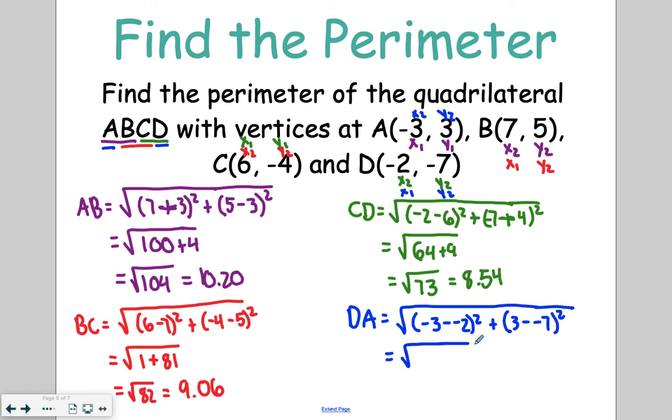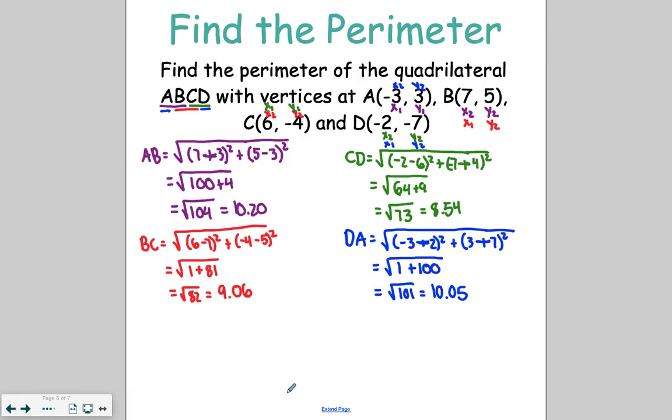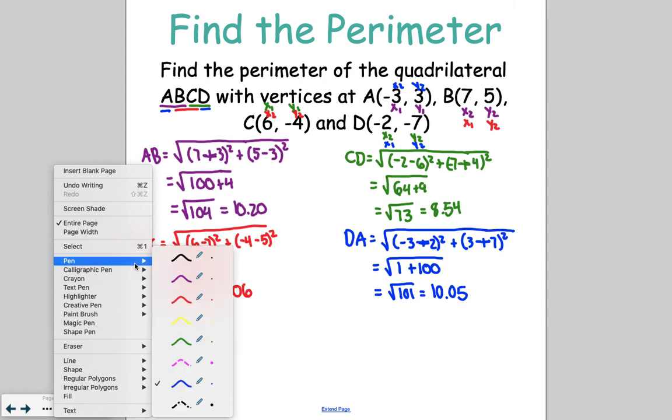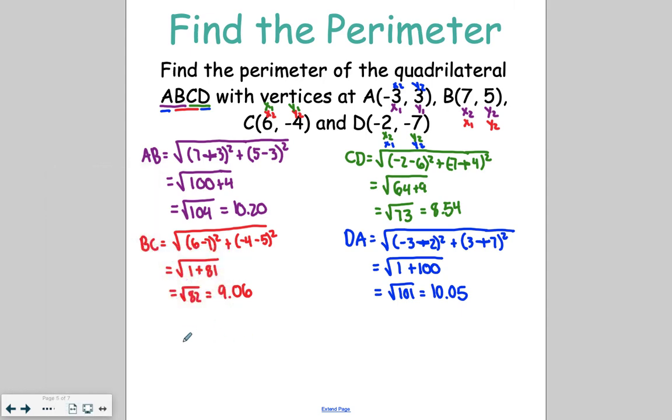Simplifying, -3, that turns into a +2, is going to give me -1, squared is 1, plus 3 plus 7 is 10, squared is 100. So we are looking at the square root of 101, which is going to give me an answer of 10.05.